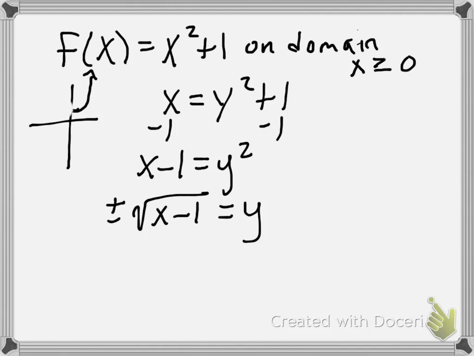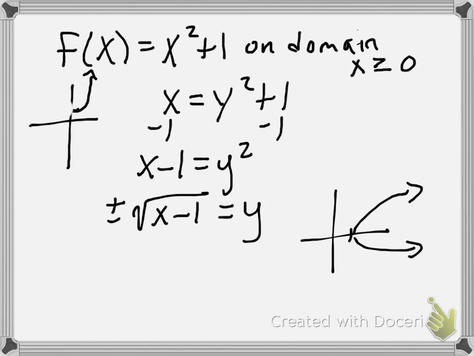Well, when I'm actually listing out what my inverse function is, it's not going to be both the positive and the negative. If I were to look at a graph of those two, there's the positive one, and then there's the negative one.